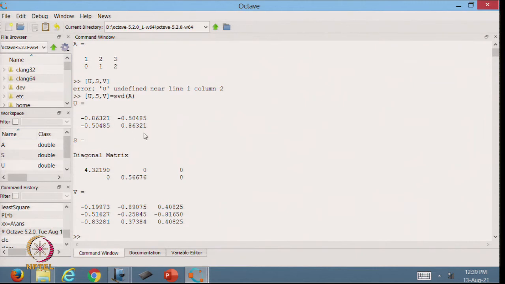Now, my U is 2 cross 2, V is 3 cross 3, and for its eigenvalues, I write VT, meaning V corresponding to transpose, and DT, equal to the eigenvalues of A transpose A. Let us see what is going to happen here.